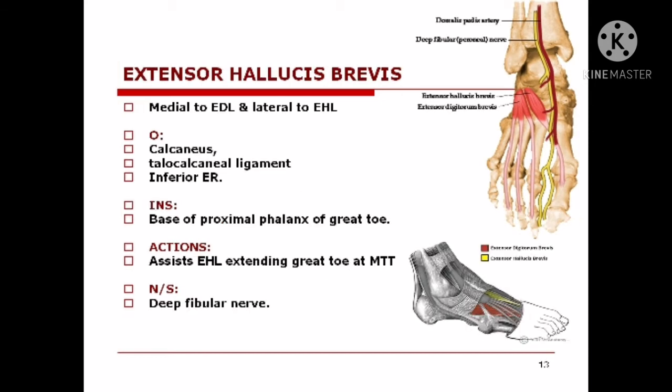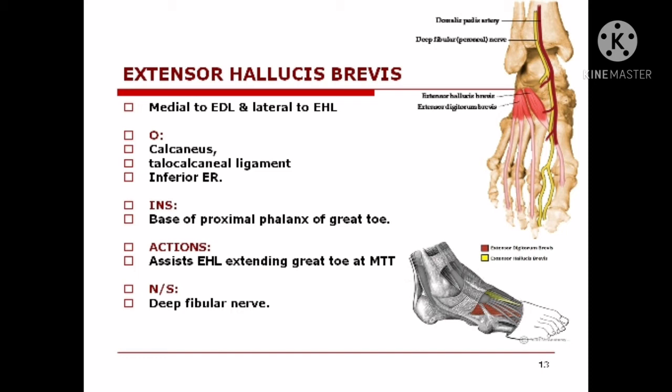Now the extensor hallucis brevis muscle. It is medial to the extensor digitorum longus muscle tendon and lateral to the extensor hallucis longus muscle tendon. Its origin is from the calcaneus bone, the talocalcaneal ligament, and the inferior extensor retinaculum.